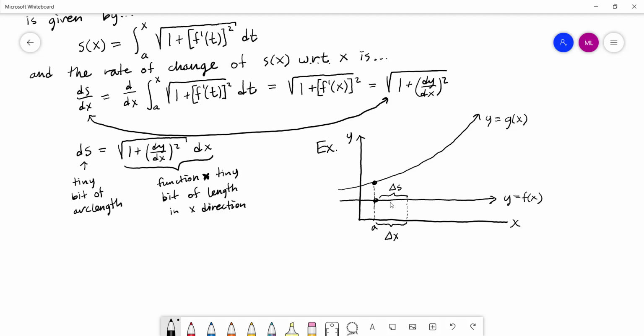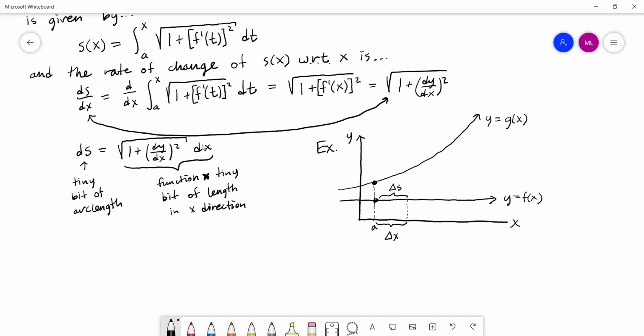How do they compare? Well, in this case, the two lines are parallel, and they're both just straight lines. So delta s is exactly the same as delta x whenever I have a nice horizontal line like this. This line might as well just be the x-axis. If I move 1 unit in the x direction, I will increase the arc length by 1 unit. Coming over to our formula, this is the relationship we're looking at.